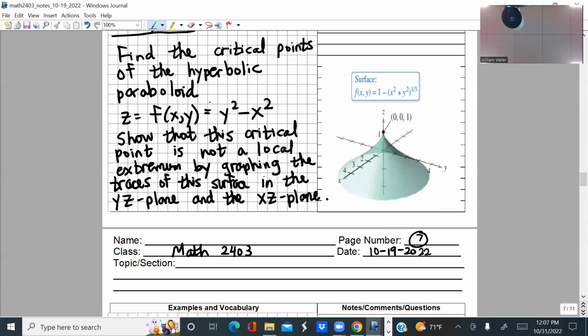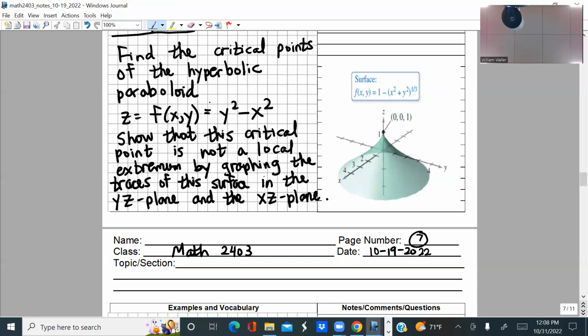So for this surface, y squared minus x squared, we want to find what the trace in the xz plane looks like, and also what the trace in the yz plane looks like. The trace in the yz plane is the cut through that plane that contains the z-axis and the y-axis, right?